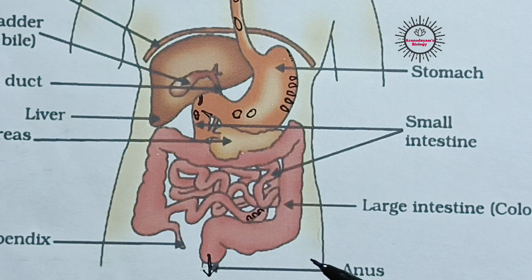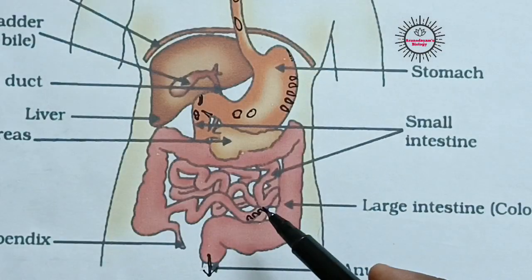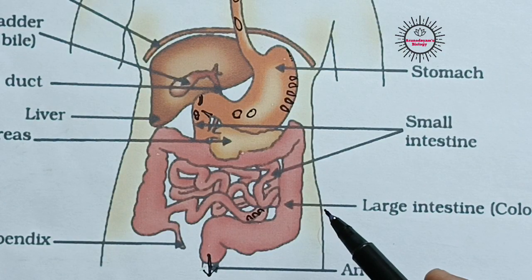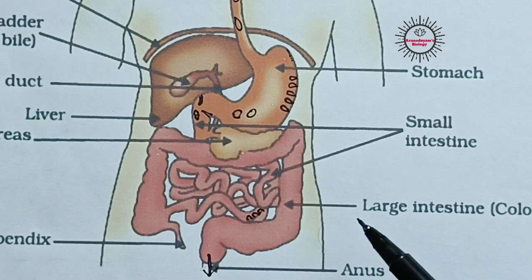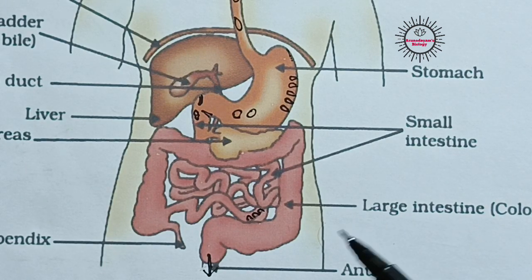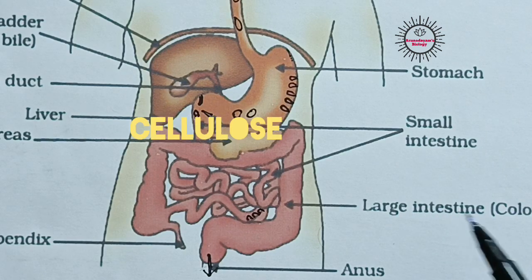The length of small intestine differs from one animal to other animal actually. In case of herbivorous animals which depend on grass or plants, this small intestine is very long in them. Why? Because herbivorous animals generally eat grass or plants, isn't it? Usually the cells contain cellulose substance.